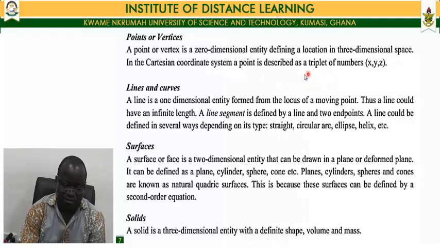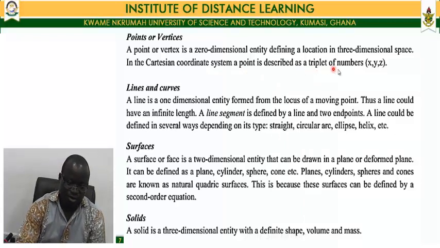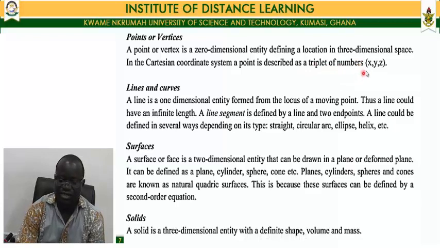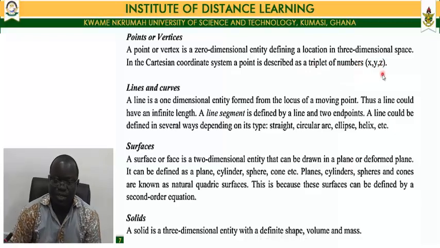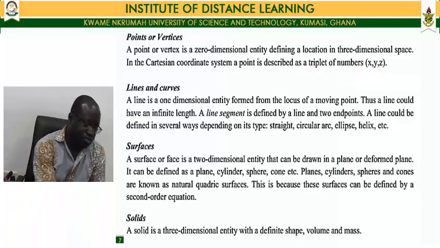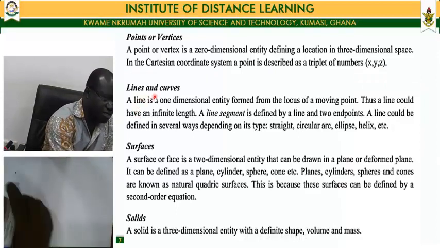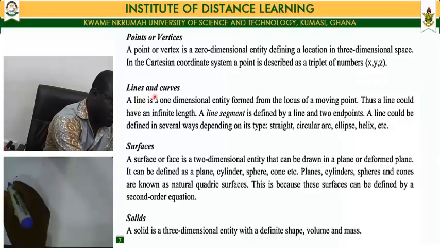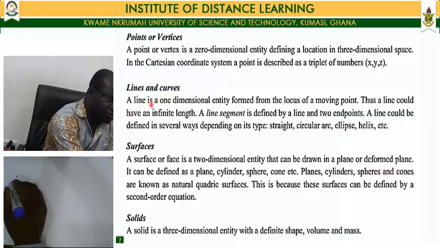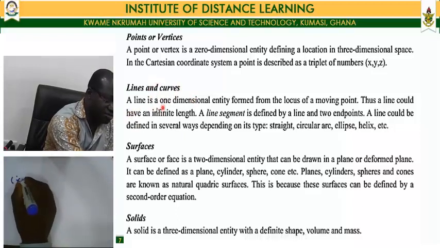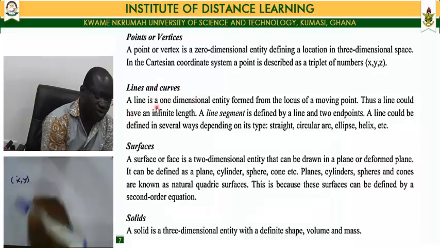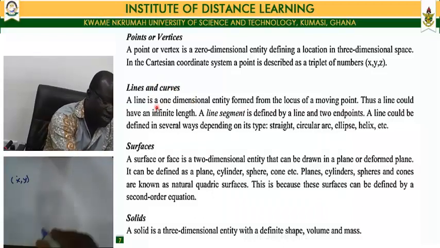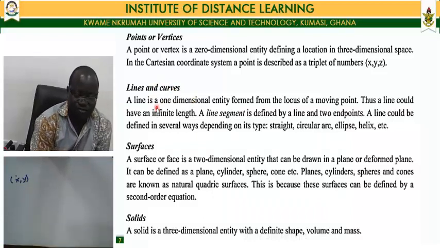Now, a line or curve is a one-dimensional entity. When we have a point on a two-dimensional plane, we can just use an x-y coordinate to define it, but in a three-dimensional space, you have x, y, z.